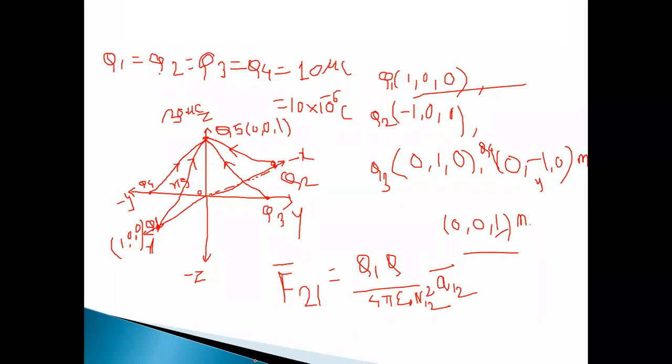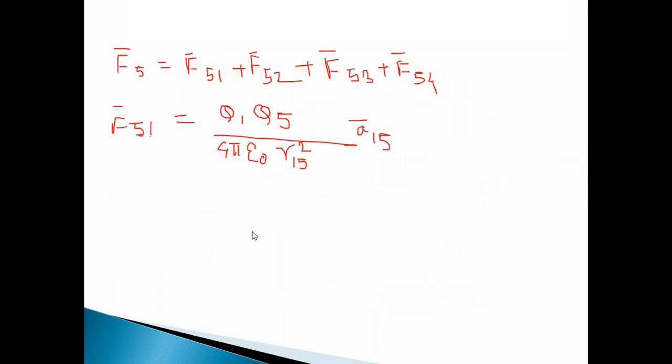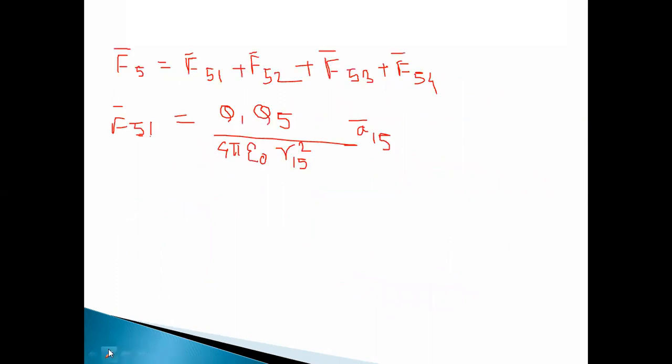So here, end point minus start point. You can find this, right? So this R bar 15 is equal to, what is the end point here?